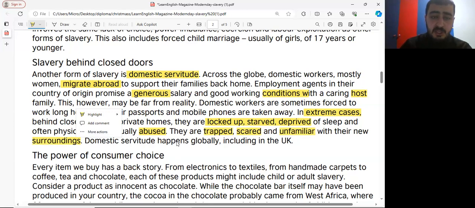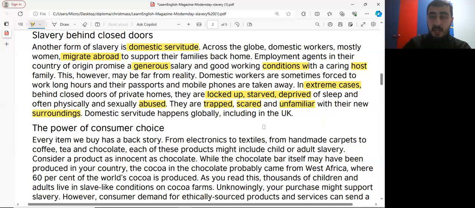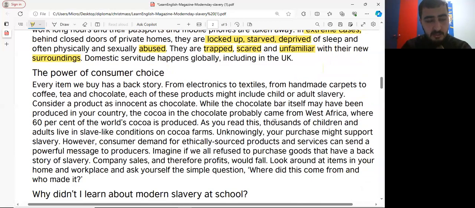Domestic servitude happens globally, including in the UK. العبودية المنزلية تحدث على مستوى العالم حتى في بريطانيا. أوكي. ونحن نتوقع اللي بتصير عندهم كثير، عندهم نظام الشغالات. الخليج العربي كثير عنده الظاهرة هاي.